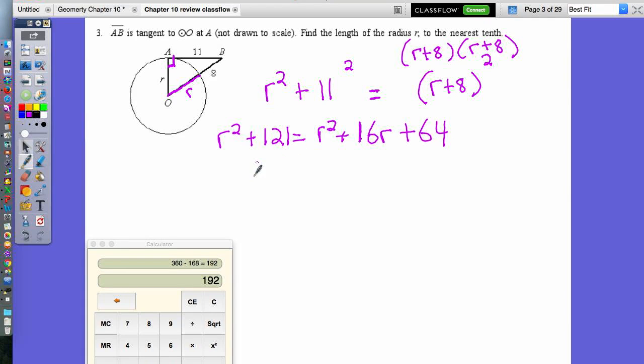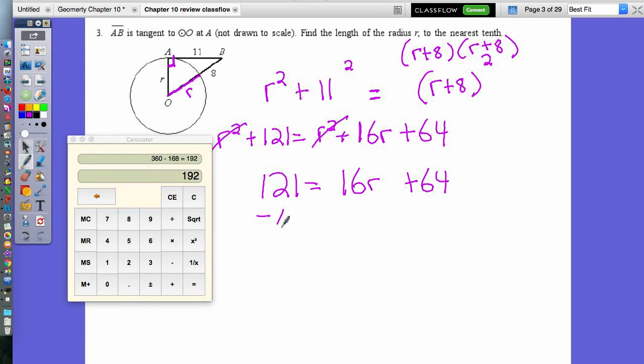In this problem, both of the r squareds are going to cancel out from either side. I get 121 equals 16r plus 64. I'm going to subtract 64 from both sides. 121 minus 64 is 57, equals 16r.